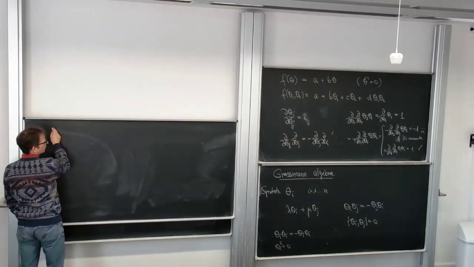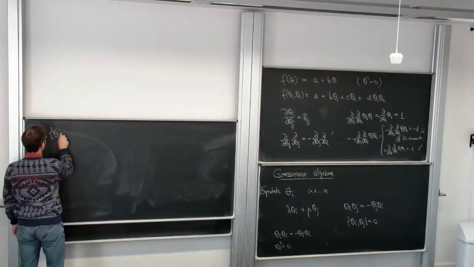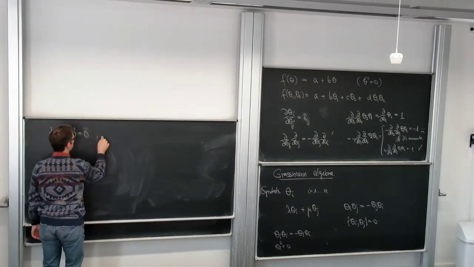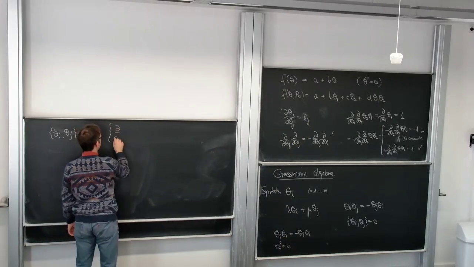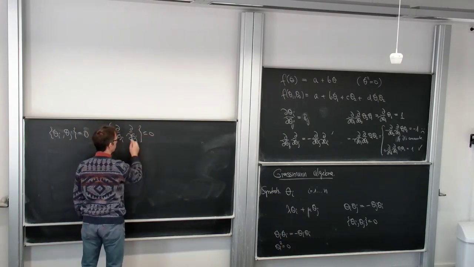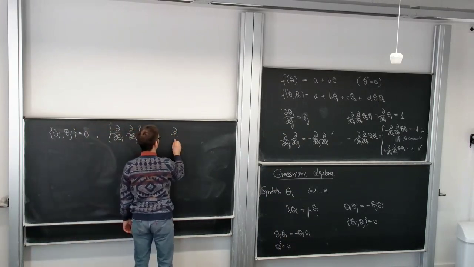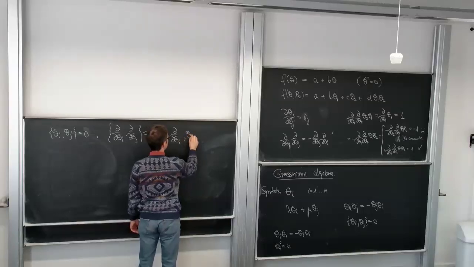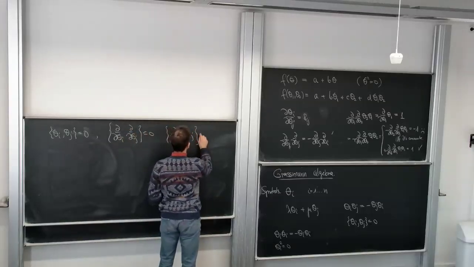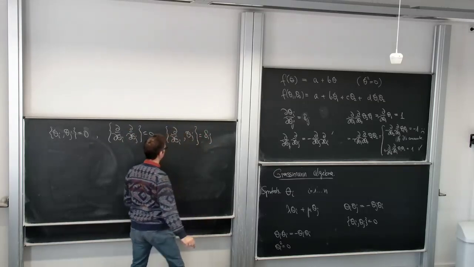The theta i, theta j is 0. The d by d theta i, d by d theta j is 0. This is the anti-commutation, and then we have a d by d theta i with theta j. So the derivative with the Grassmann number, this is delta ij.